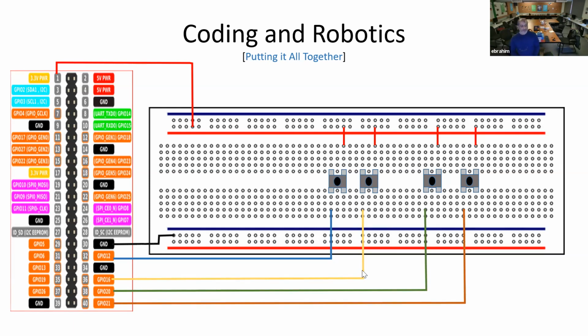A very interesting thing to note here is that the I/O pins of the microcontroller are not 5 volt pins, they are 3.3 volt pins. That's why we use 3.3 volts on the switches instead of 5 volts.